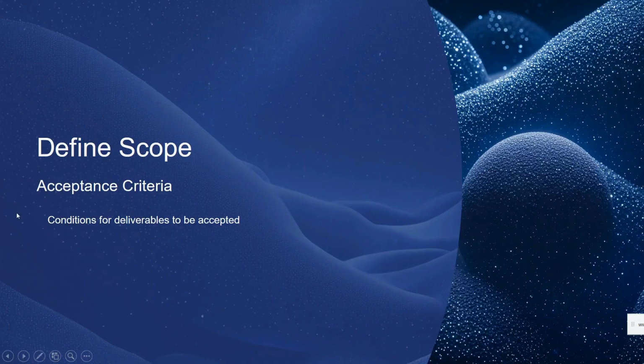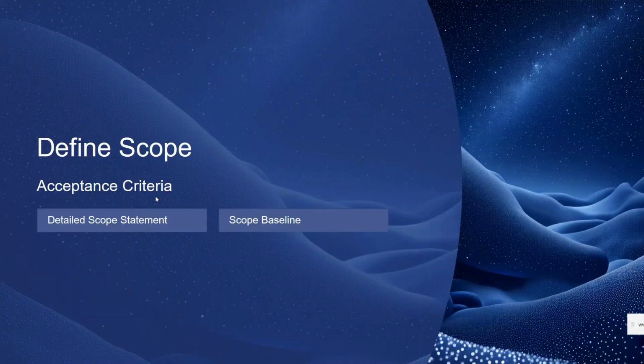Next, we will work on the acceptance criteria. Acceptance criteria define the specific conditions that must be met for deliverables to be accepted by the project sponsor or the customer. We have the key outputs for the scope.